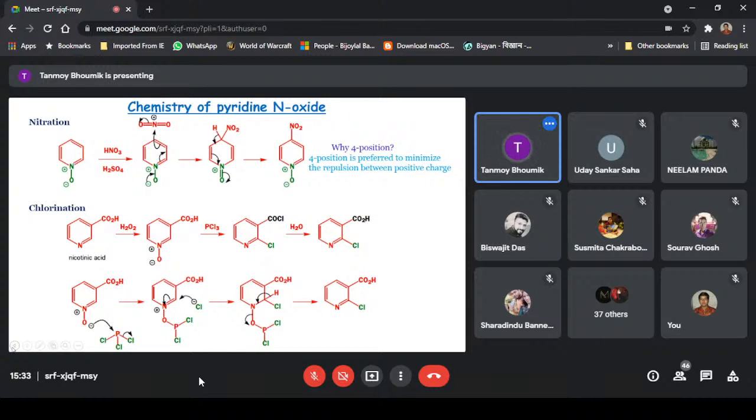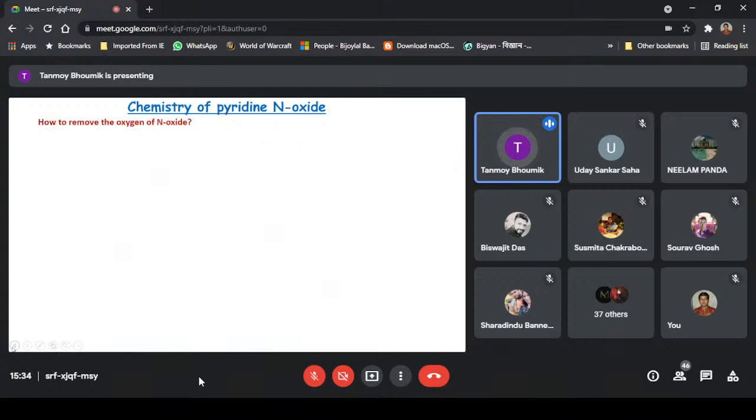A similar example is pyridine N-oxide with PCl3, PCl5 or thionyl chloride; it can easily be chlorinated at the oxygen-substituted position. And after the pyridine N-oxide is formed, how do we remove it?